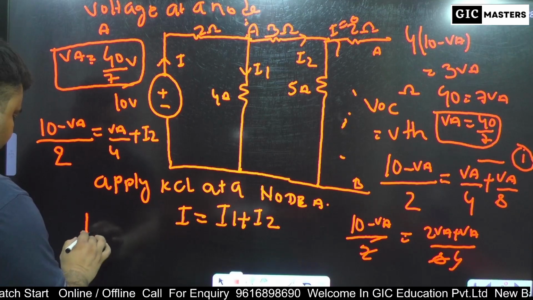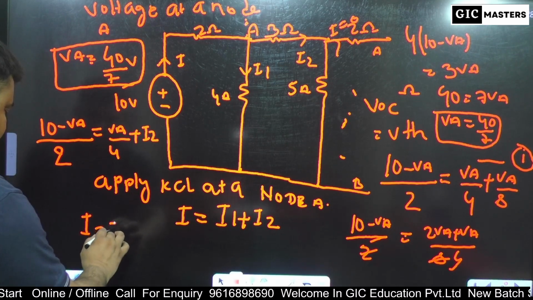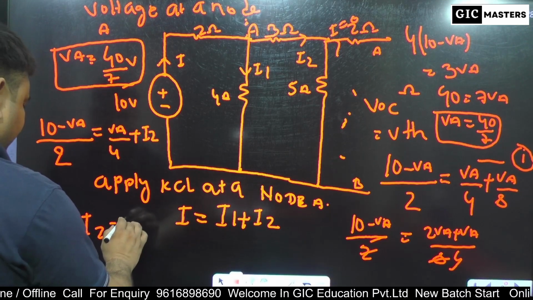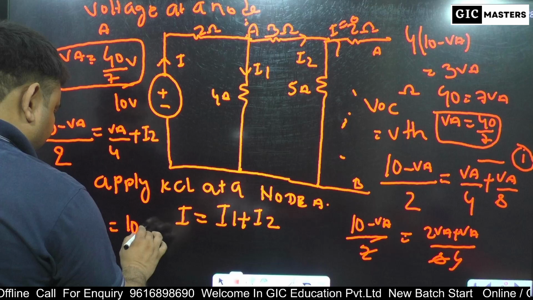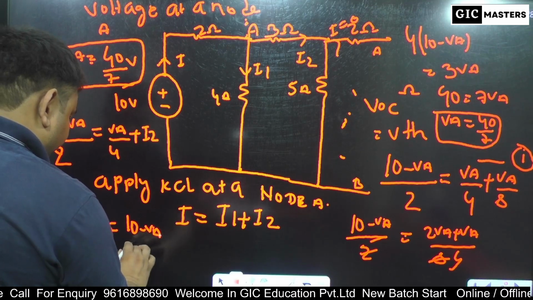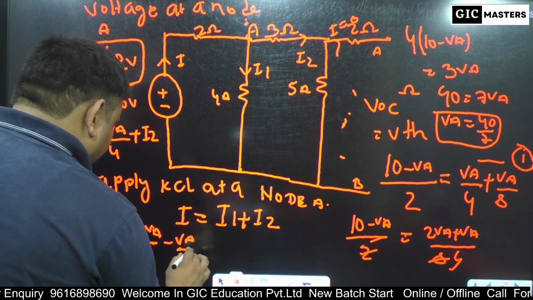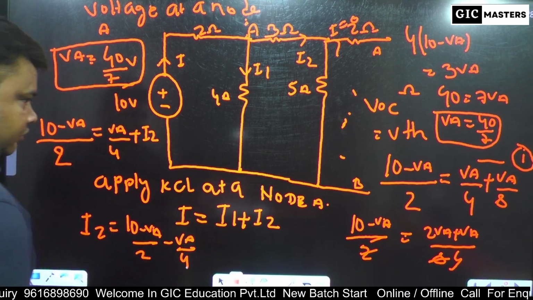So I2 equals (10 minus VA) upon 2 minus VA upon 4.